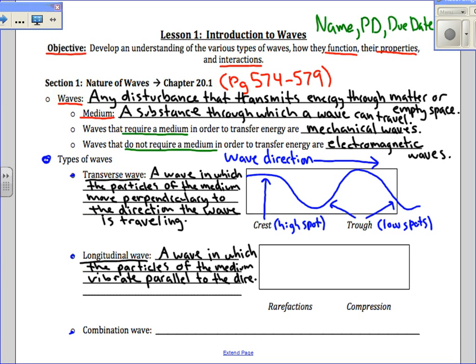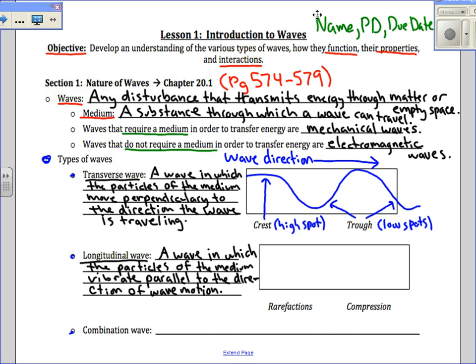So direction, I'm going to extend that direction of wave motion. So basically, in the same direction. Okay, these are longitudinal waves. A good example of a longitudinal wave is a sound wave. For instance, sound waves produced by vibrating drums form compressions and rarefactions.